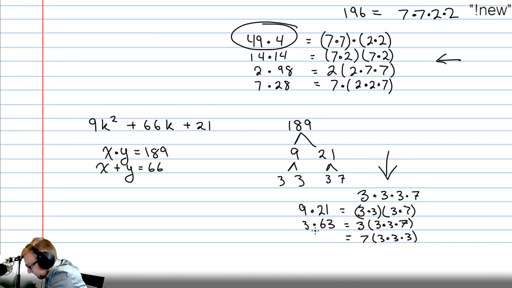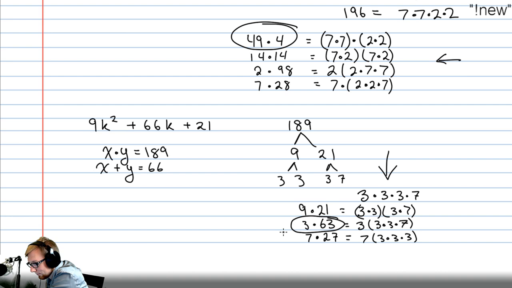And the last one? 7 times 27. Okay. Out of those, do any of these add together to give you 66? Yeah, the 3 and the 63.